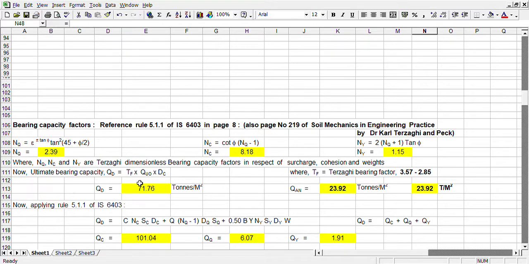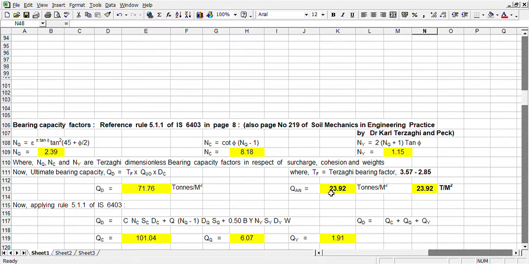A Terzaghi factor varies from 3.57 to 2.85. In case of square or circular foundation, it is 3.57. In case of continuous foundation, it is 2.85. And the correction factor for depth is 1.33. Considering all these important factors, we can find out the ultimate bearing capacity.